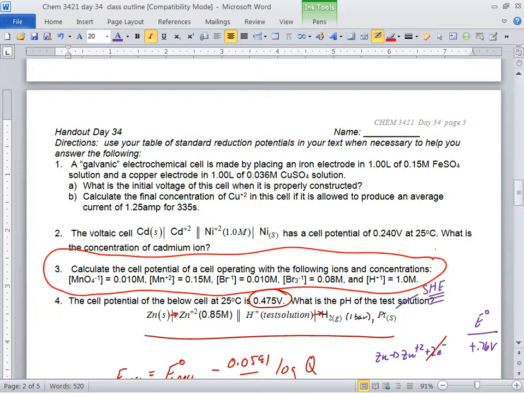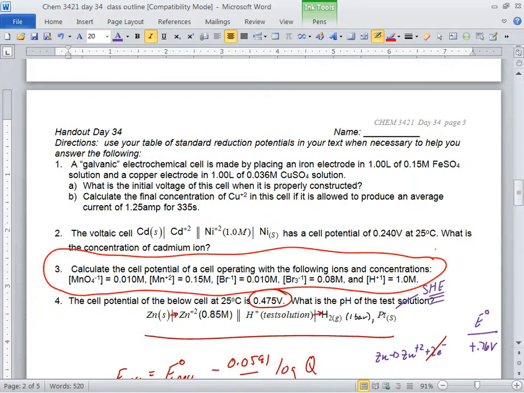Whenever they give you a whole bunch of chemical components and ask what reaction is going to happen, the standard reduction potential table is your guide. It's your answer, because it tells you what reactions are more spontaneous than others.